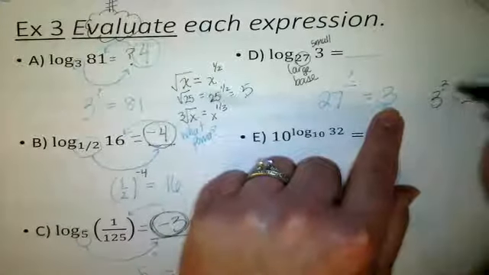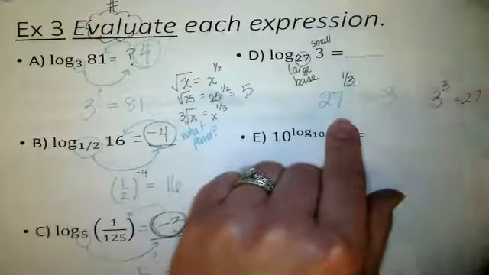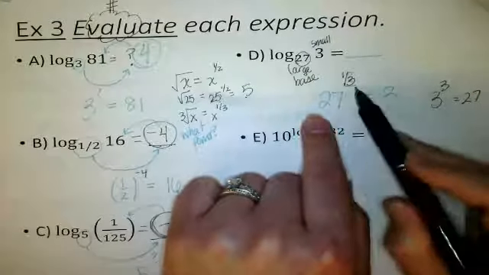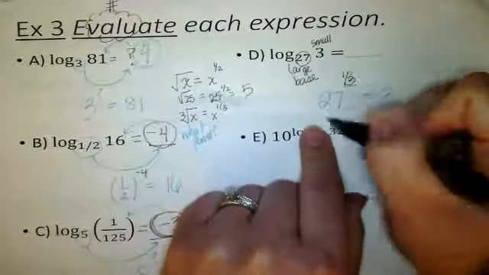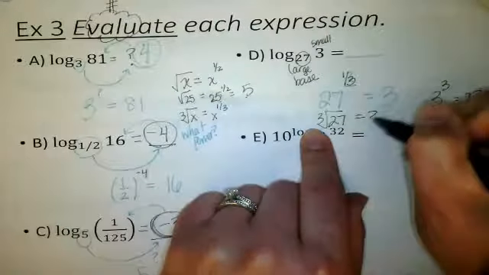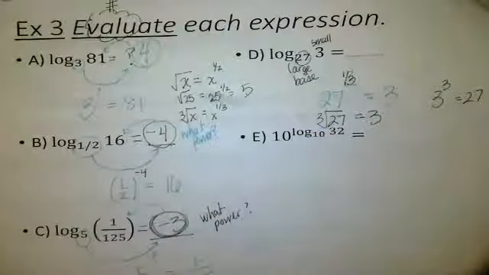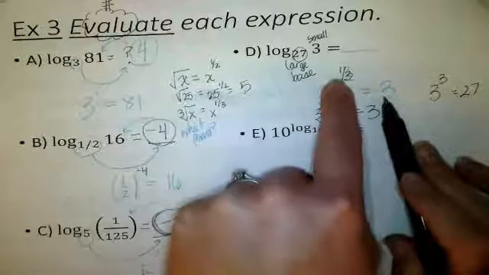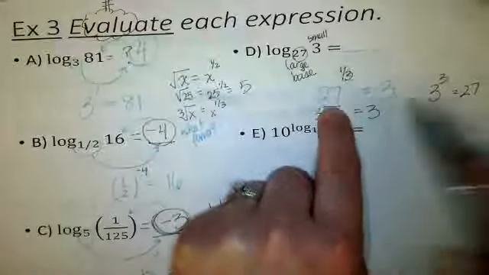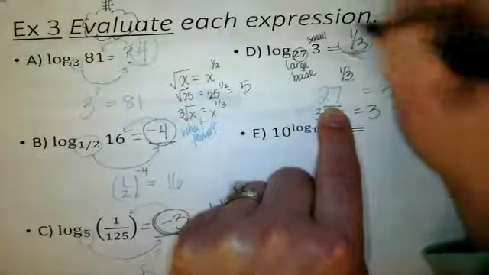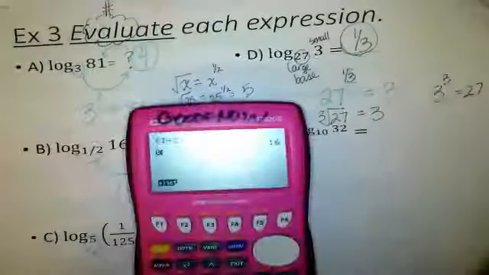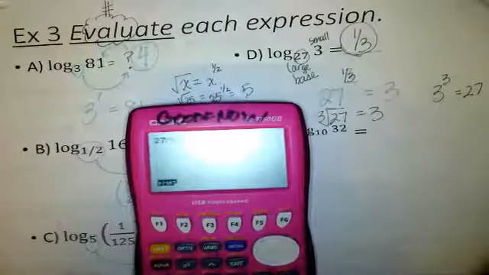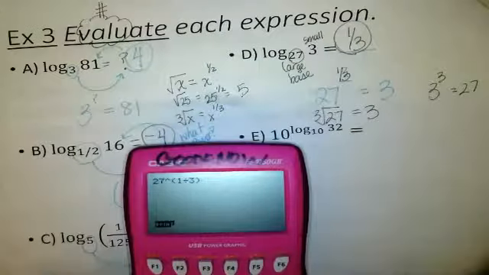The reciprocal power would be 1/3. 27 to the 1/3 power gives me 3. The cube root of 27 is 3. If you know your powers, it's pretty easy to reverse and use that reciprocal power. You can do that on your calculator as well. 27 to the 1/3 power is 3. So you can absolutely check that on your calculator.